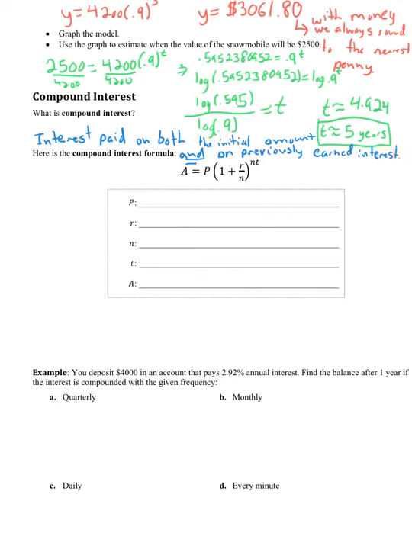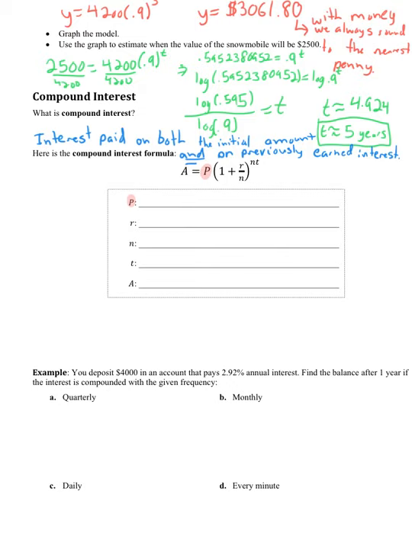All right, that's compound interest. The initial amount and previously earned interest. So very similar equation to what we saw before.